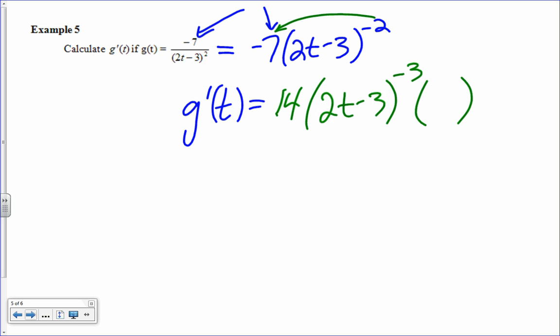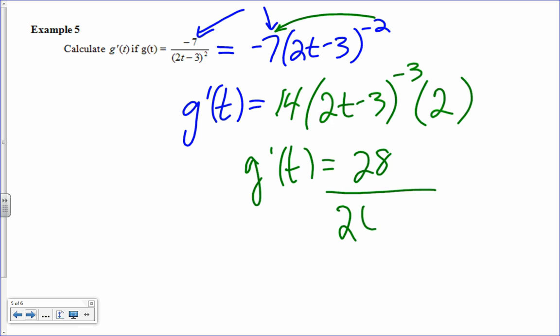And then for some reason I have another set of parentheses. Derivative of the inside, which is 2. Derivative of 2t minus 3. All right, what do we got here? 28 over 2t minus 3 cubed.